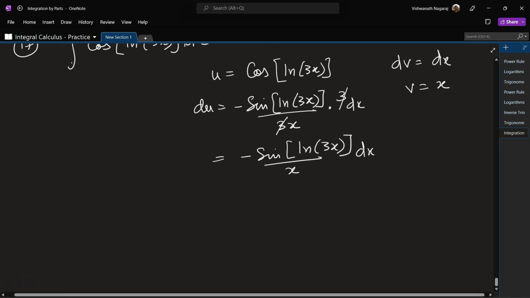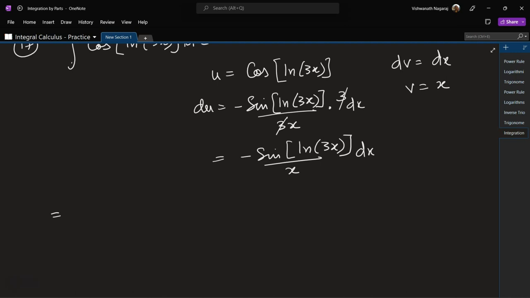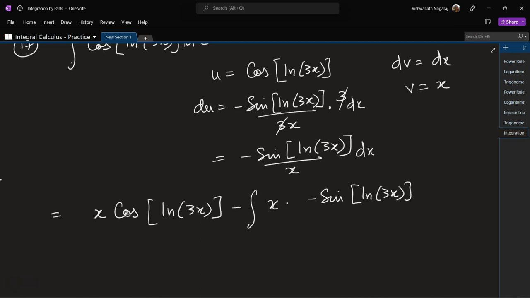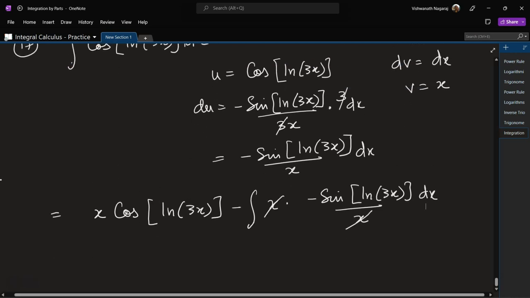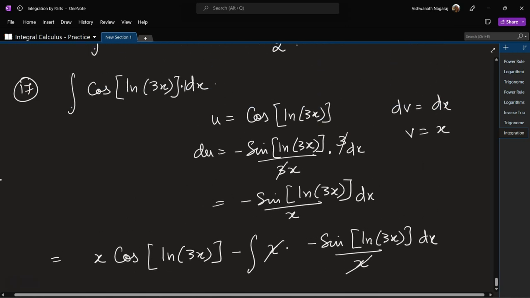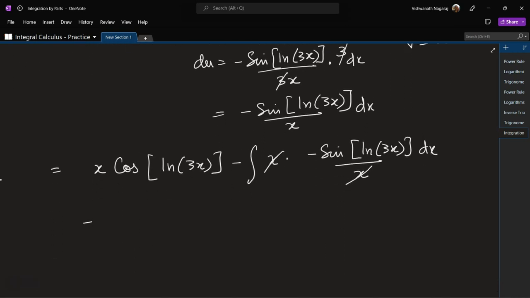Now we have the parts in place, so let's evaluate uv. So x cos of natural log of 3x minus integral of v du, so that is x times minus sine natural log of 3x by x. x and x get cancelled, we have a dx, and if you notice, instead of cos we have ended up with sine, so that means we need to do it once more.